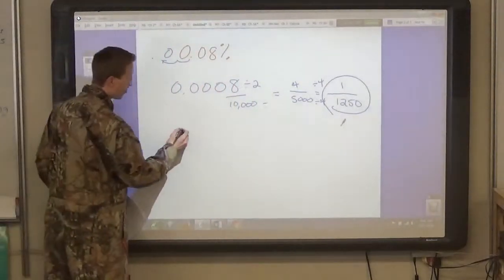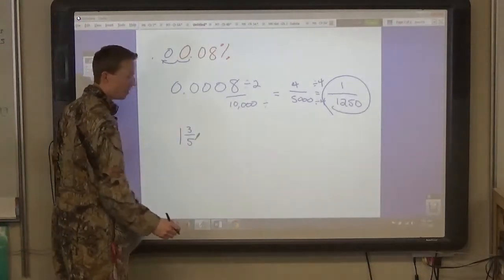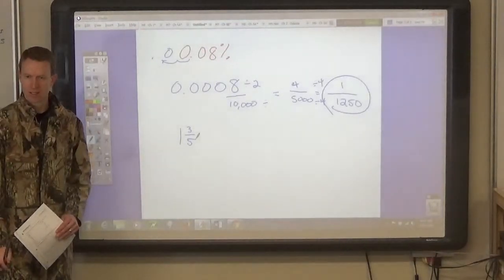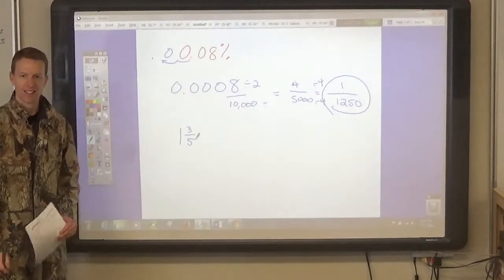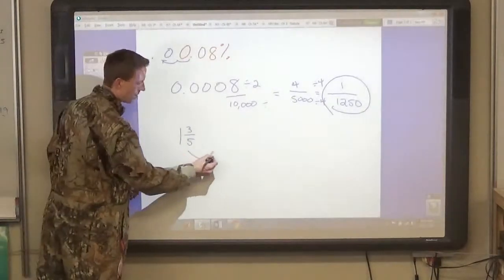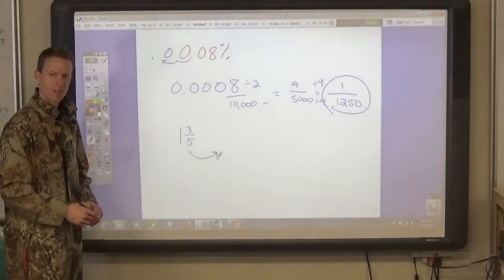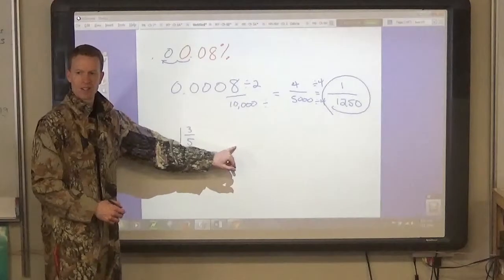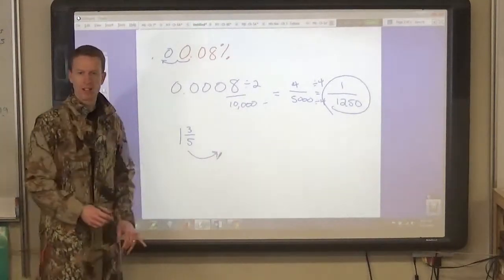How about this? 1 3/5 to a percent. I know this. How would you do that? What would you do, Asa? Change it to a what first? Decimal. You mean a decimal? Yes. What would the decimal be?